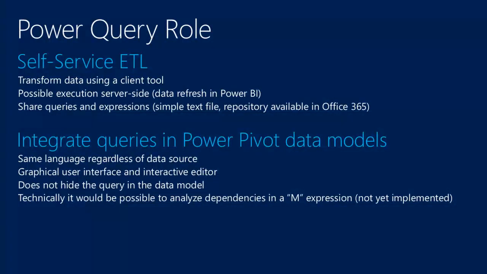The interesting thing about using Power Query, in my opinion, is that from a technical point of view, it's possible to analyze the description, the expression tree of the query, and recognize which are the dependencies across external metadata. Today, there is nothing. I'm just talking about possible features.